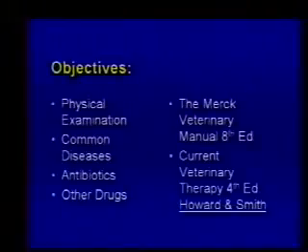I also would like to bring to your attention two textbooks which I feel will complement this lecture very nicely. They are the Merck Veterinary Manual, 8th edition, and Current Veterinary Therapy, 4th edition, by Howard and Smith.